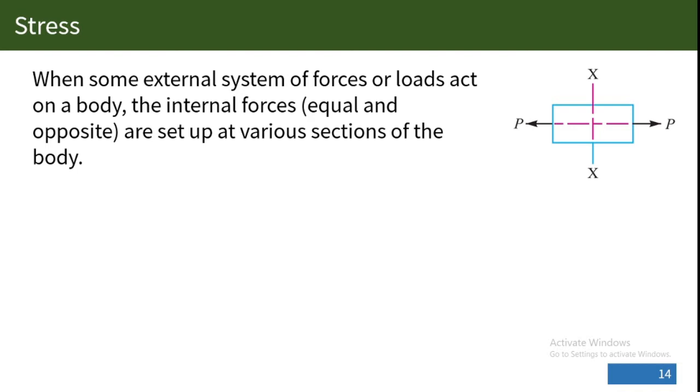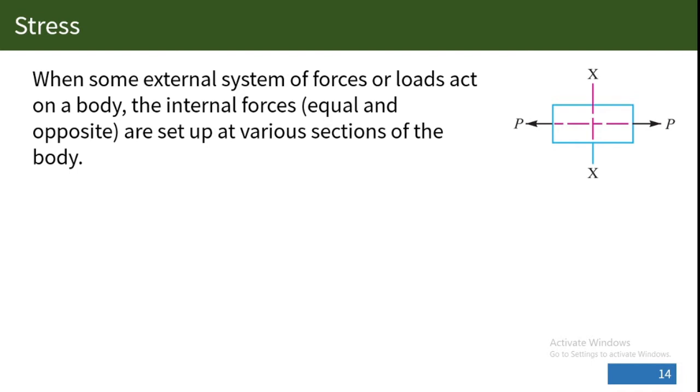So when any type of force or loading is applied to the body, there are internal forces within it. By virtue of the third law of motion, there will always be equal and opposite corresponding internal forces that try to resist the external forces acting on the body.